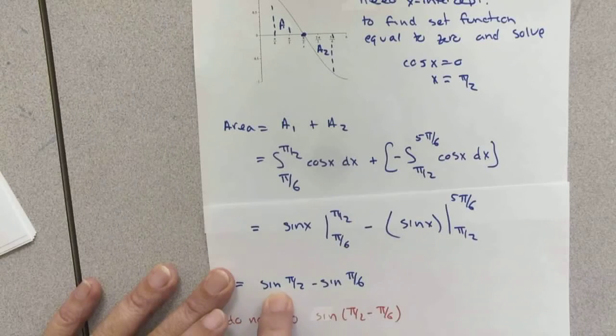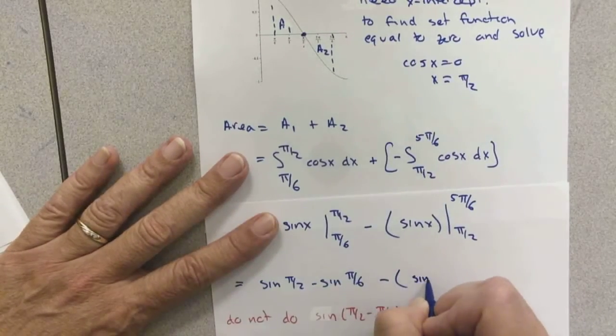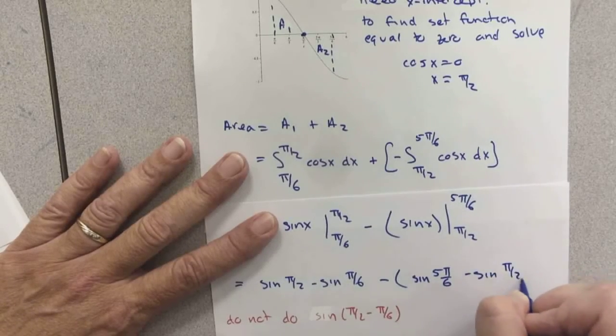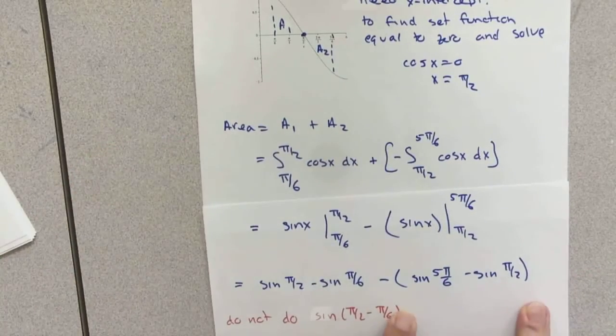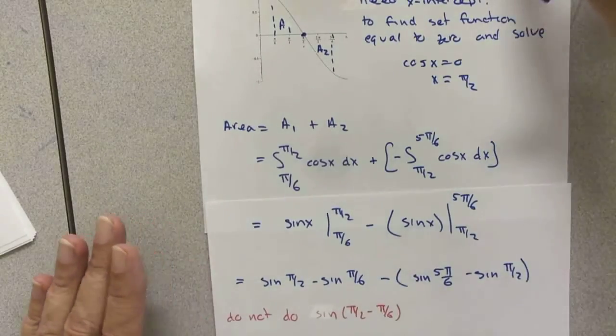That is wrong. You want to use the function once for pi over 2, the function once for pi over 6. Then minus parentheses, plug in the upper limit, plug in the lower limit, and subtract. Notice the careful use of parentheses because you're subtracting this entire evaluation.